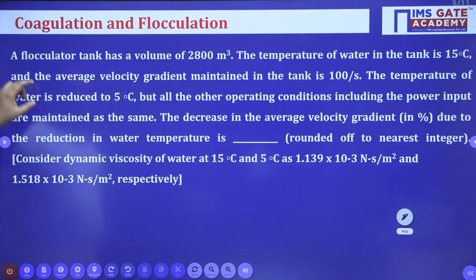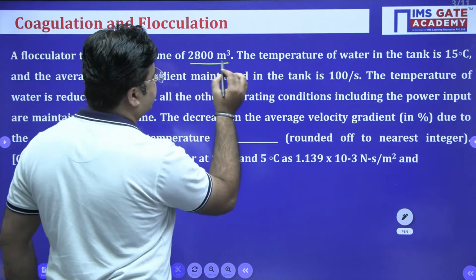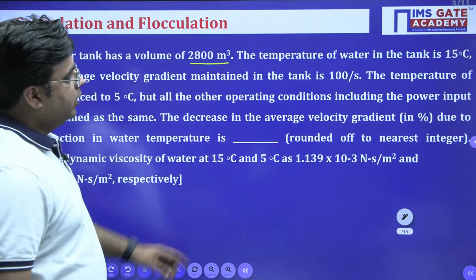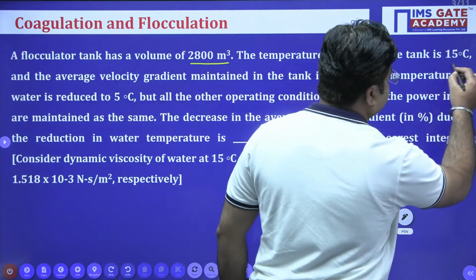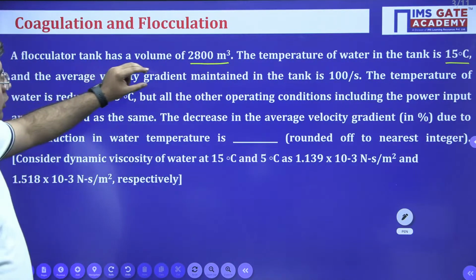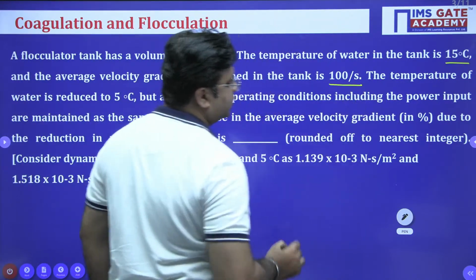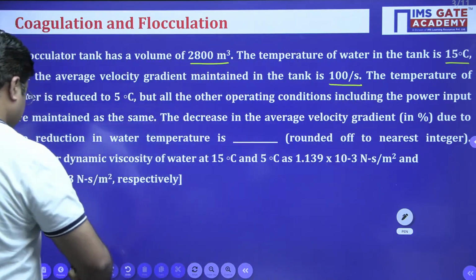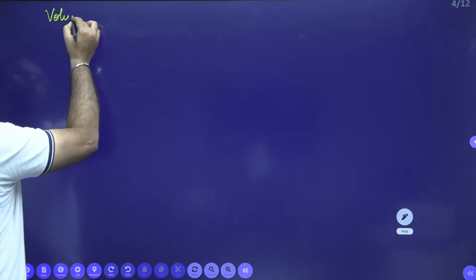The question says that a flocculator tank has a volume of 2800 meter cube. The temperature of water in the tank is 15 degrees Celsius, and an average velocity gradient maintained in the tank is 100 per second. So let us write this data first.